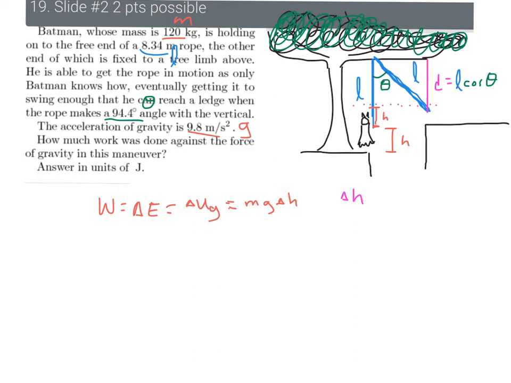And my change in height, delta H, so you can visually see it, is going to be equal to the difference between the length of the rope and that vertical piece of the rope, which we said was L cosine theta.